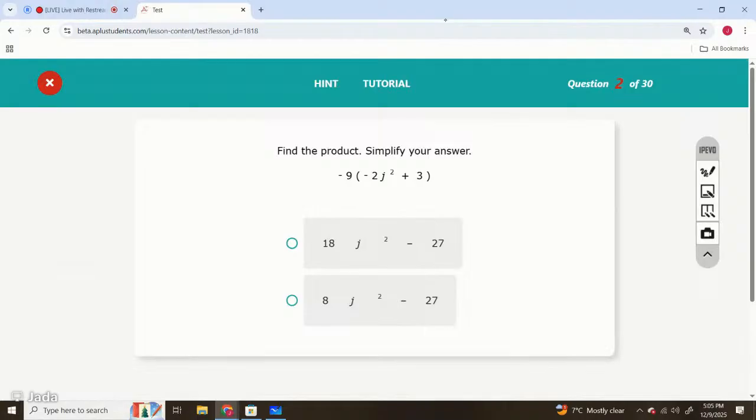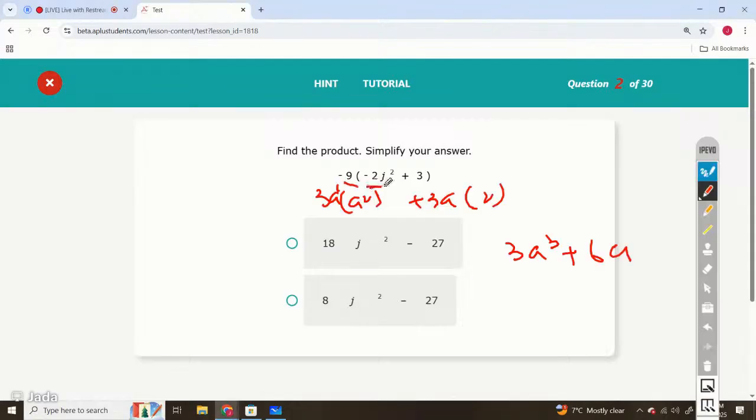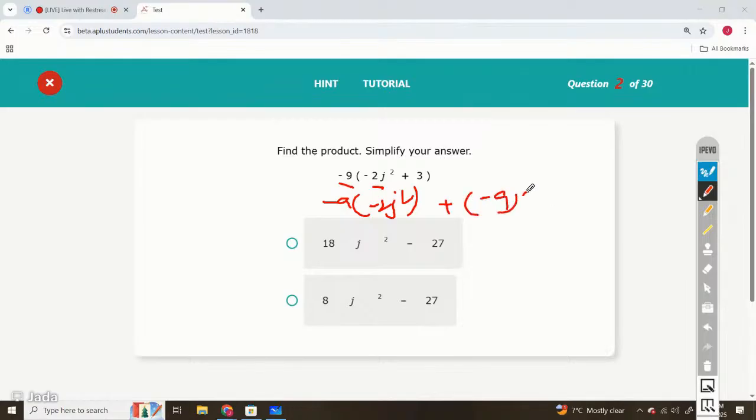Find the product. Negative 9 times negative 2j square plus 3. So we have to do negative 9 times negative 2j square and plus negative 9 times 3.